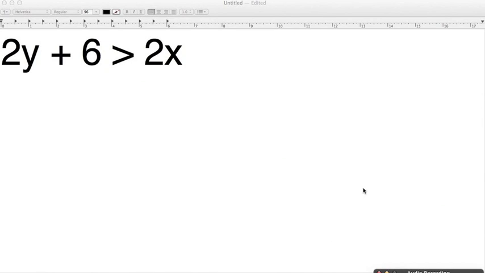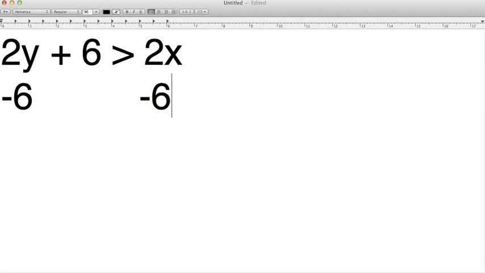Alright, so I've drawn a couple examples here on what we need to do. First of all, before we graph or anything, we need to get this down to y equals mx plus b format. First step is subtracting 6 on both sides. So that would be 2y is greater than 2x minus 6.